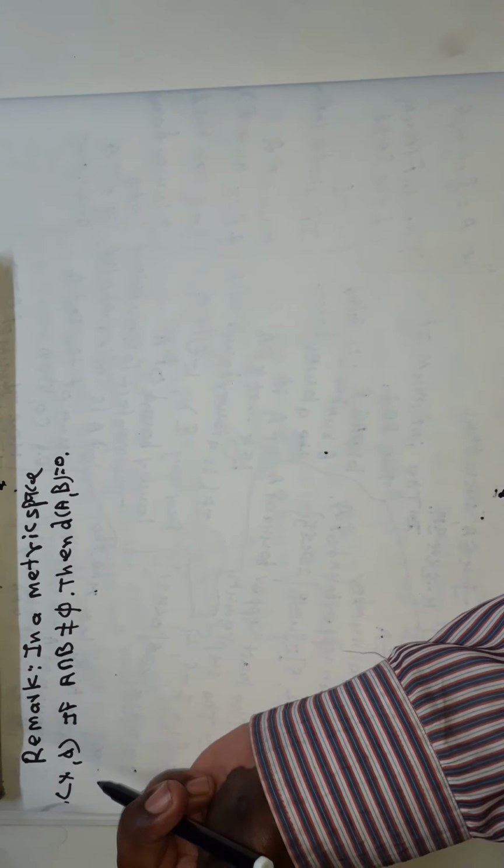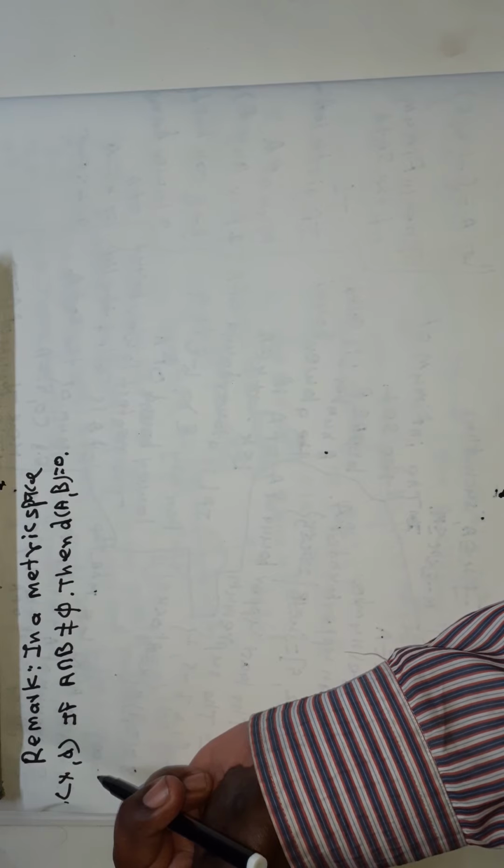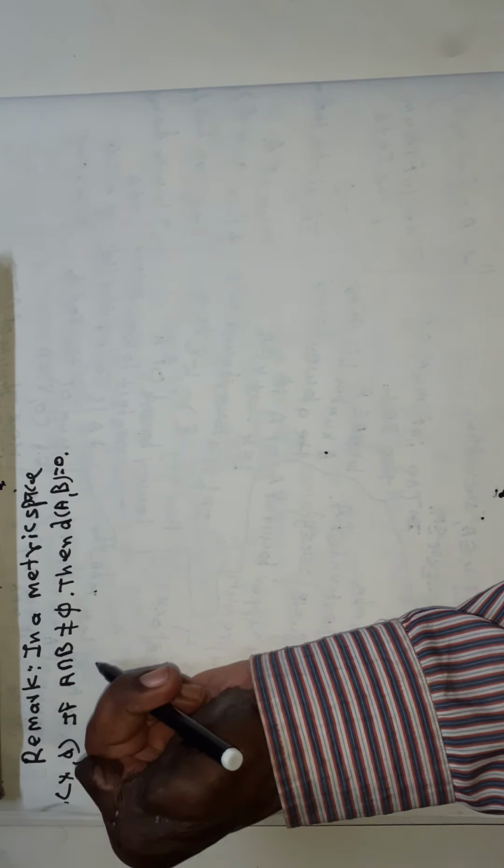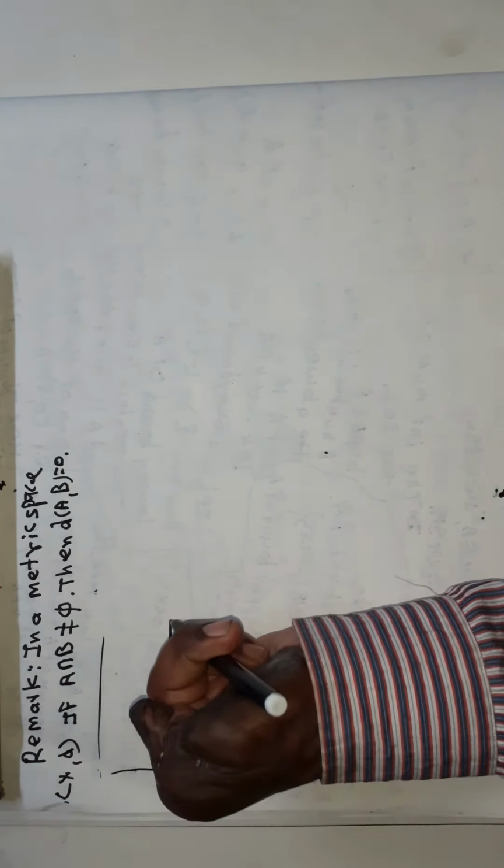See here, in a metric space (X, d), if A intersection B is not equal to the null set, then the distance between A and B is equal to 0.